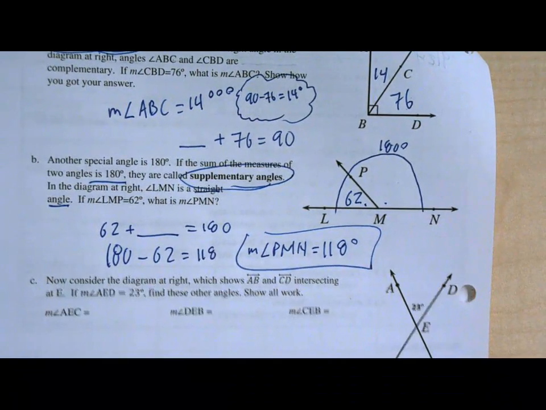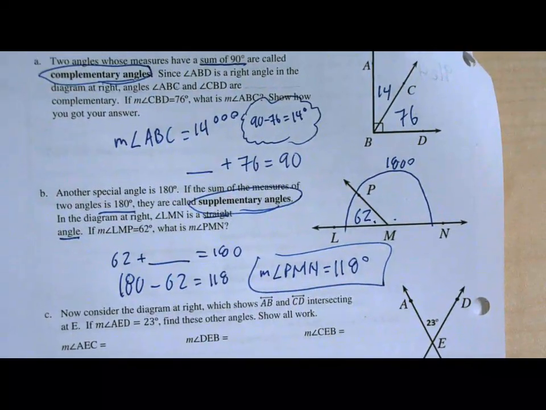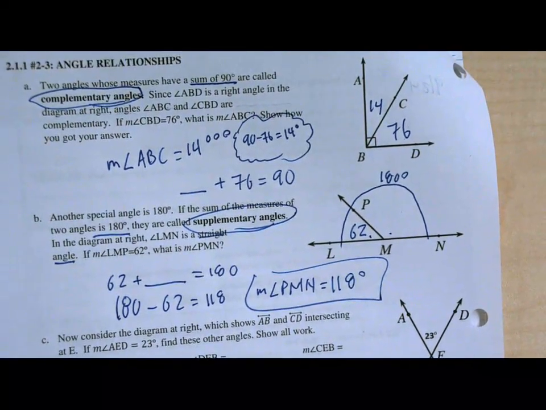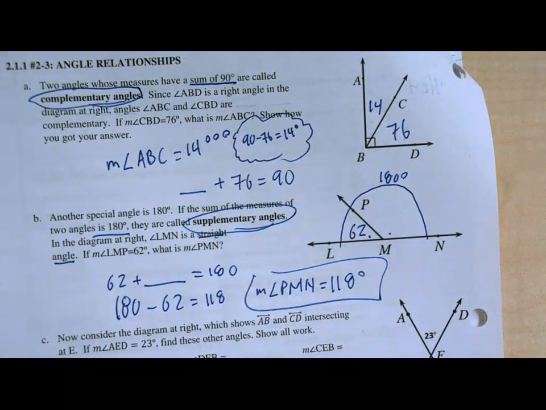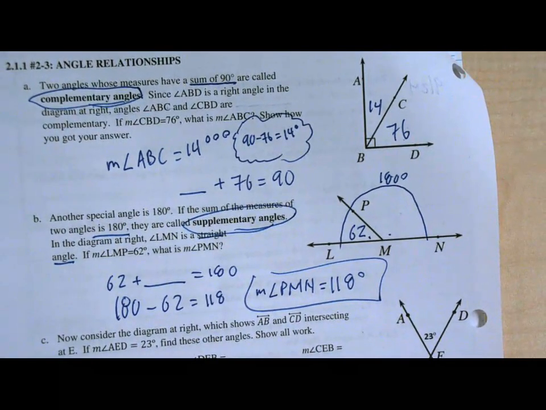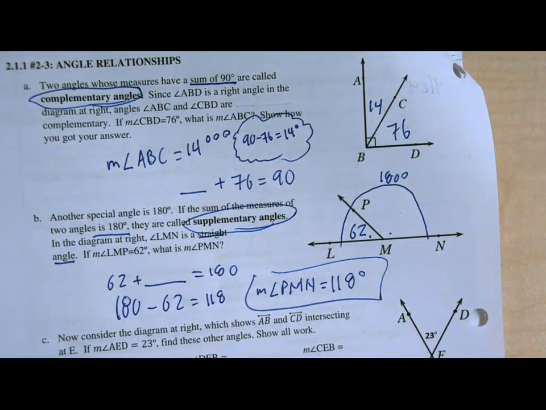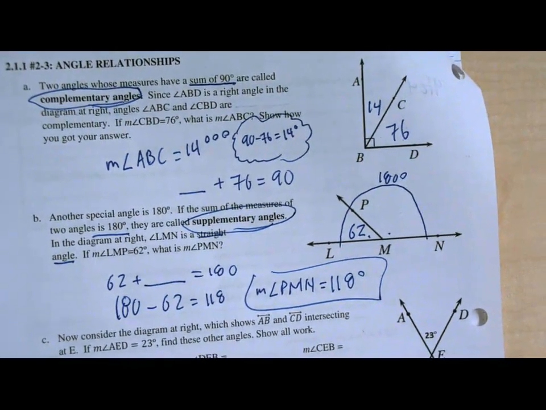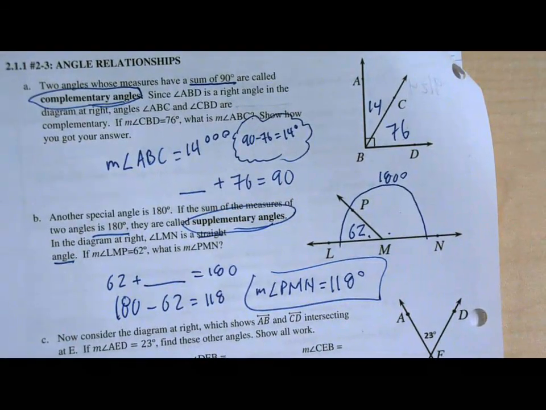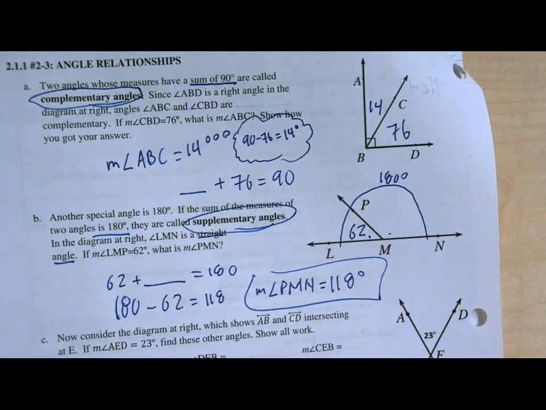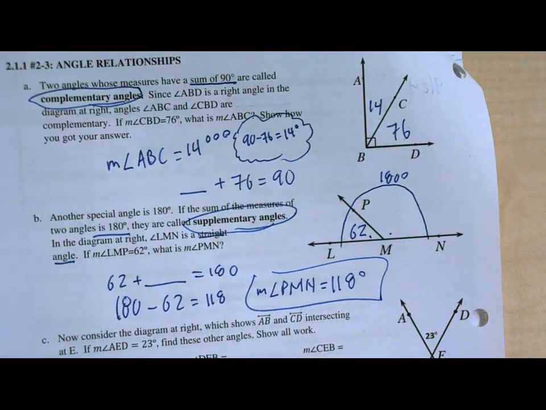All right, complementary, supplementary. For me, I've heard these words enough that I know that one of them adds up to 90 and one of them adds up to 180. The tricky thing for me is not mixing them up. But I've heard some pretty good tricks about how to remember which one goes with which. I'm curious if you guys can add to my bank of mental tricks.